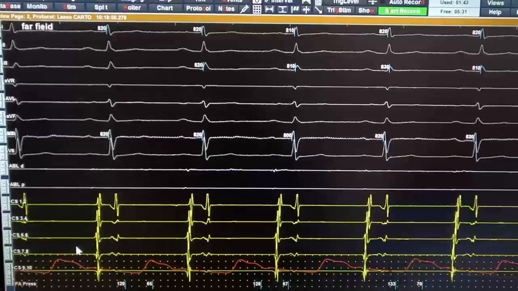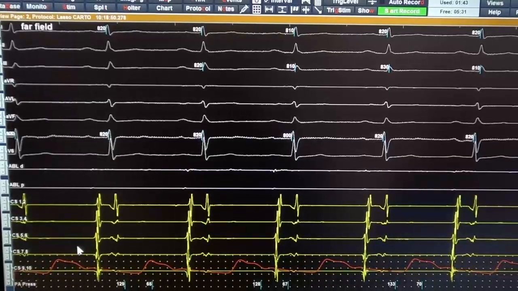There are many practical aspects of observation of near field and far field potentials.